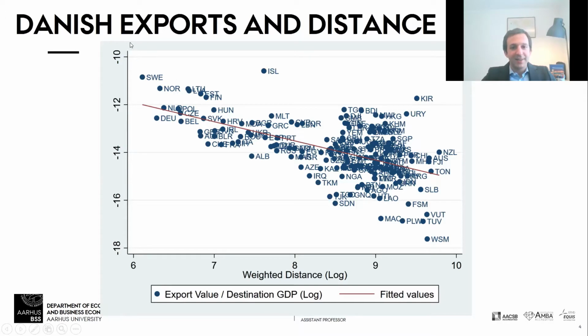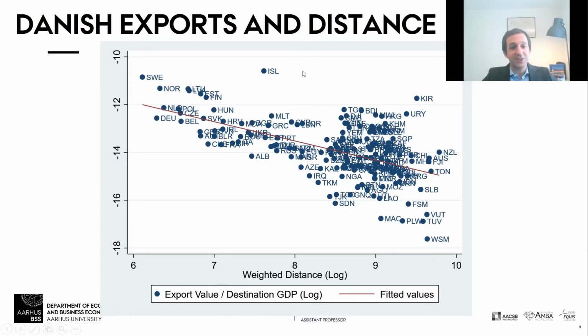Obviously, stating the gravity equation like that is a bit simplistic. That is not exactly the gravity equation that we're going to see in this lecture, because there are several other impediments to trade flows that reduce the bilateral trade flows between Denmark and the destinations, and that are not fully captured by distance.